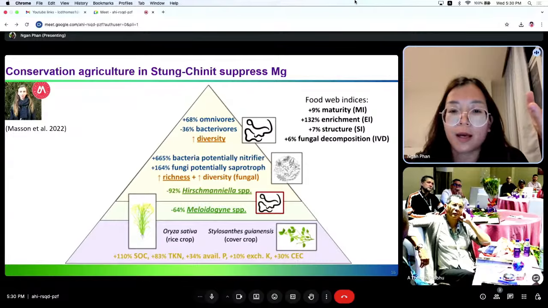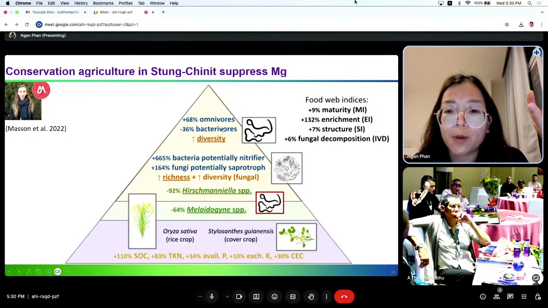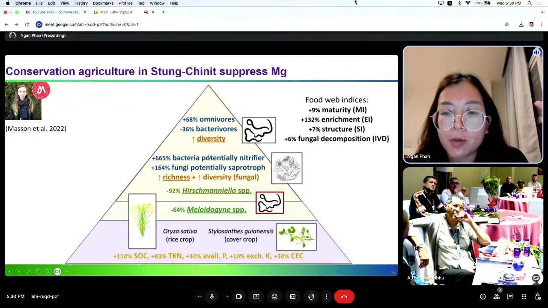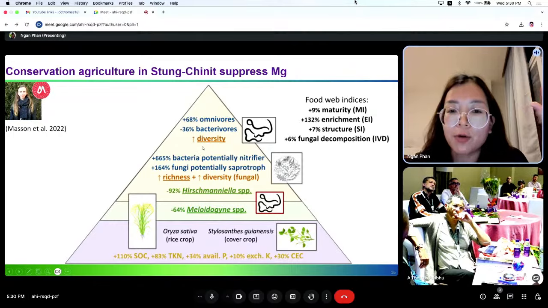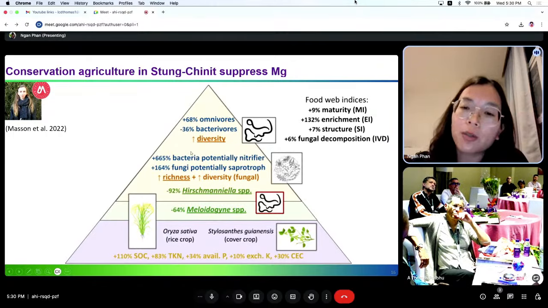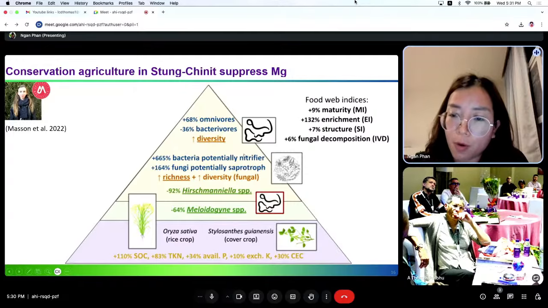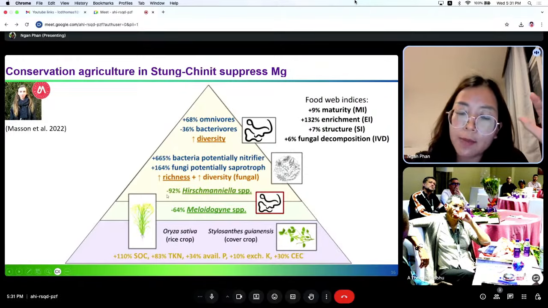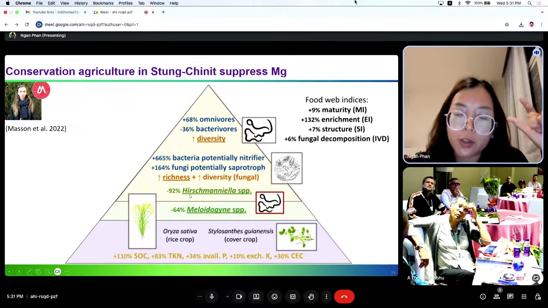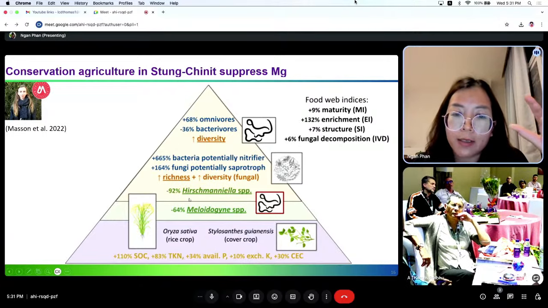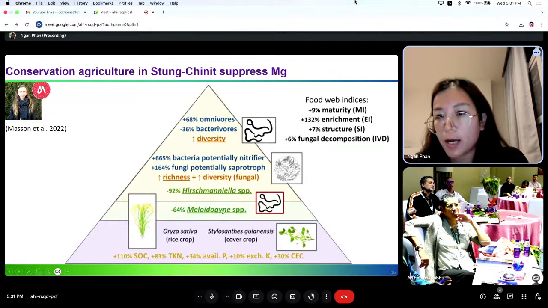increase the diversity of the nematode taxa, beneficial nematodes and microorganism taxa, and importantly, these soils can reduce the number of plant parasitic nematodes, in this case Hirschmanniella and Meloidogyne species.